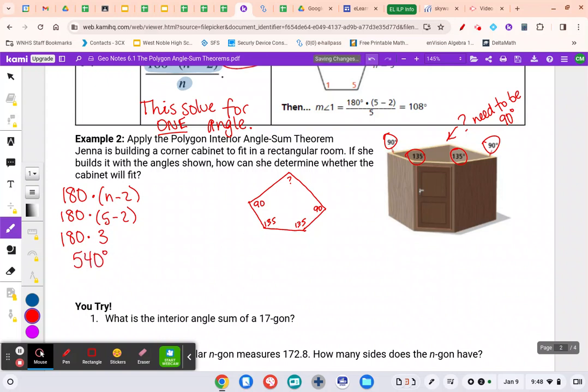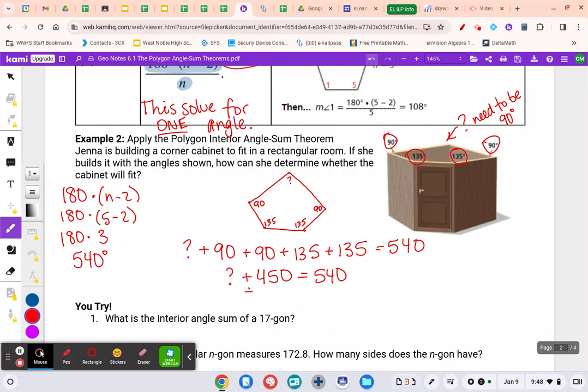So if I now add up these 5 angles, the one that we don't know, plus the other 4, and then we solve for the one that we don't know, we can see if it is actually 90 degrees and if it will fit in the rectangular room. So we add those 4 up. This gives us 450. You can check on your calculator.